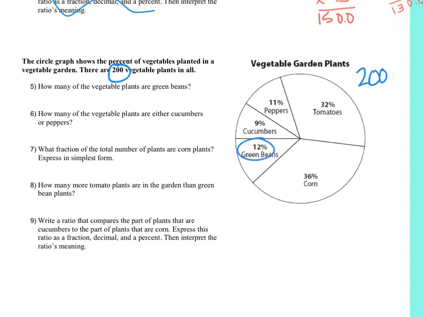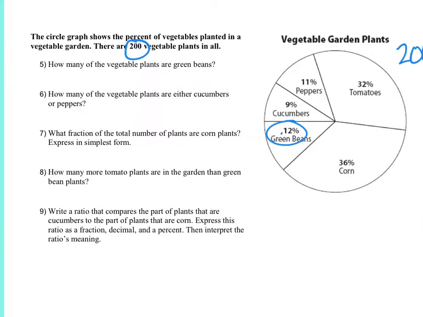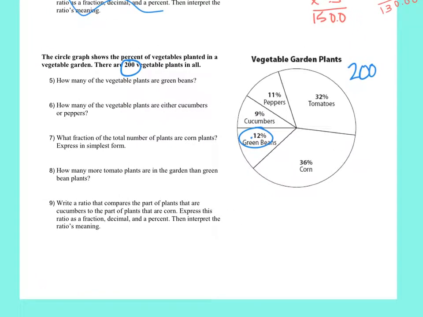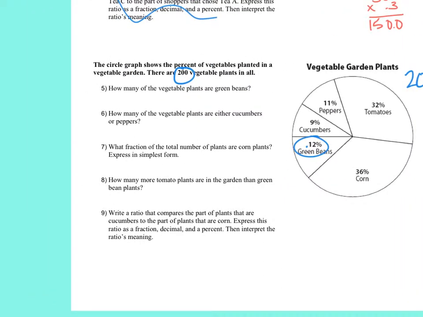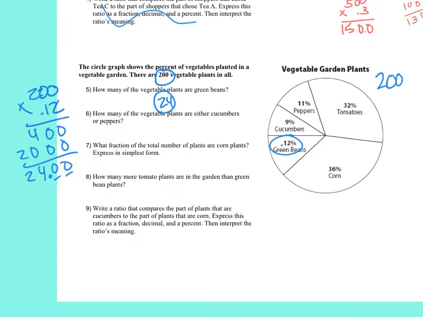What do I need to do? How many actual green beans are there out of 200? 200 times 0.12. Turn that percent into a decimal, so that's 0.12. Multiply it by 200. 24. So there's 24 green beans out of the whole garden.